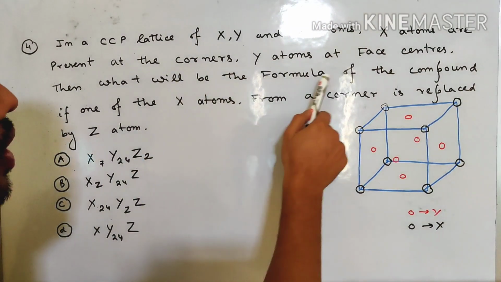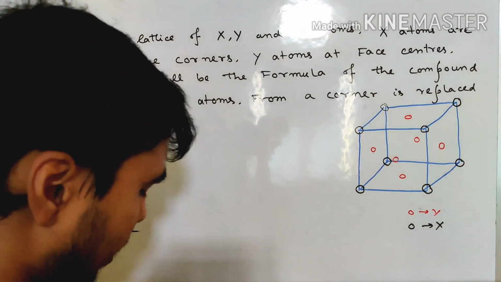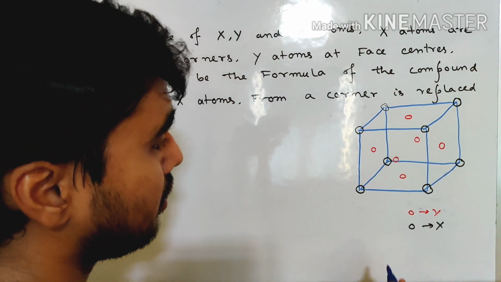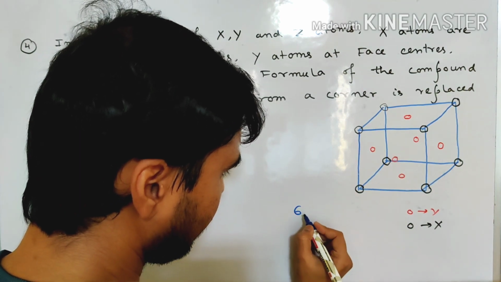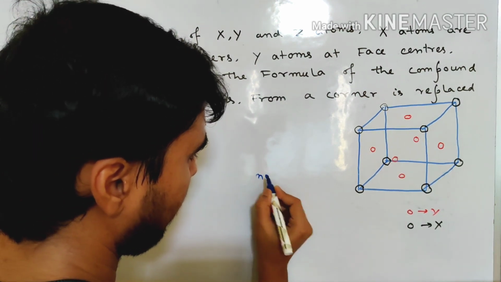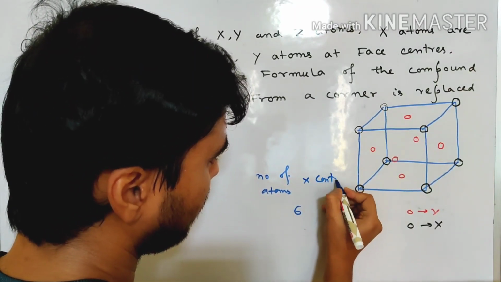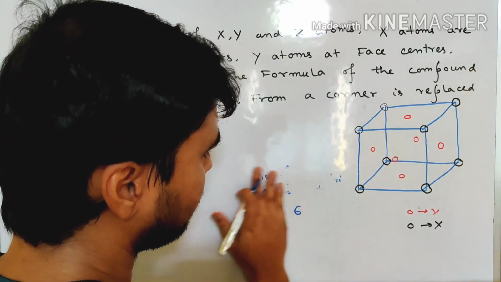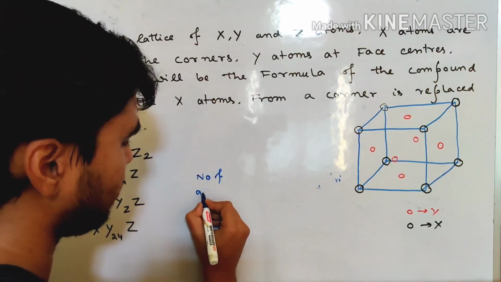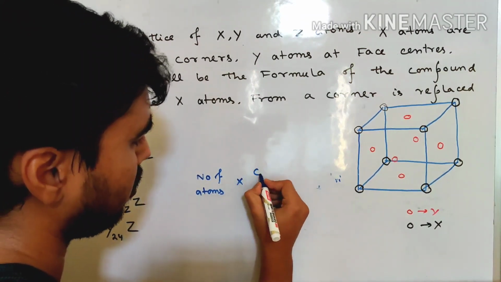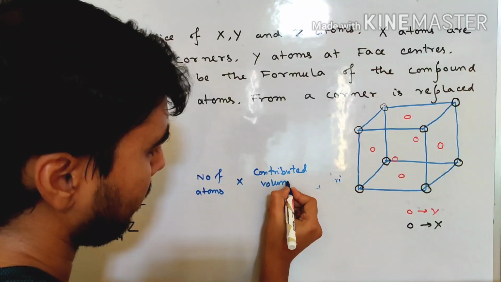What will be the formula of the compound if one of the X atoms is replaced by Z? So first let us calculate when the Z has not arrived yet. In case of Y, how many? 6 atoms. We know the formula: number of atoms into contributed volume.